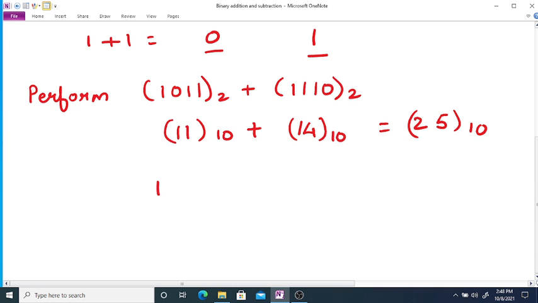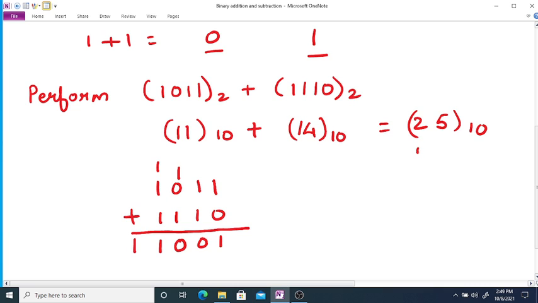So here we will write down the given binary number as it is, 1110, and we will perform addition of these two numbers. 1 plus 0 will give us 1, 1 plus 1 will give us 0, carry will be 1, and 1 plus 0 plus 1 will give us carry will be 1 here and sum will be 0, and finally we have 1 plus 1 we will get sum as 1 and carry as 1.